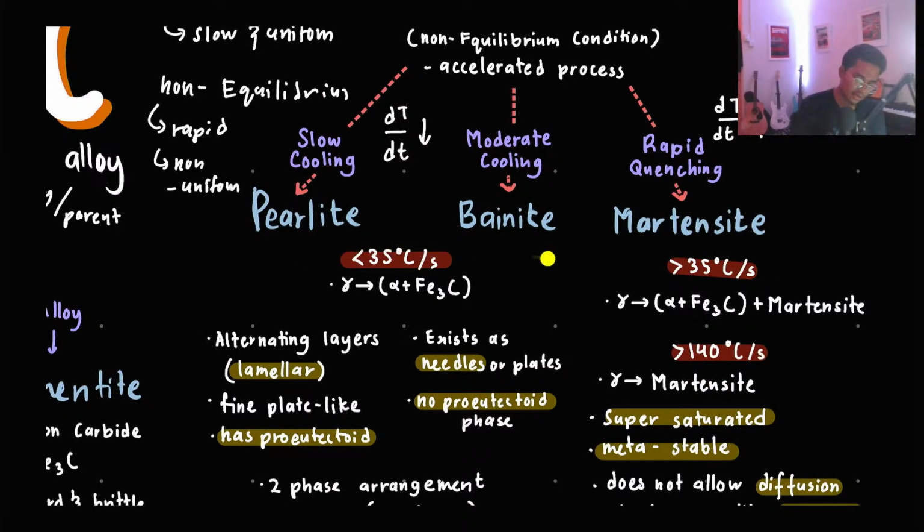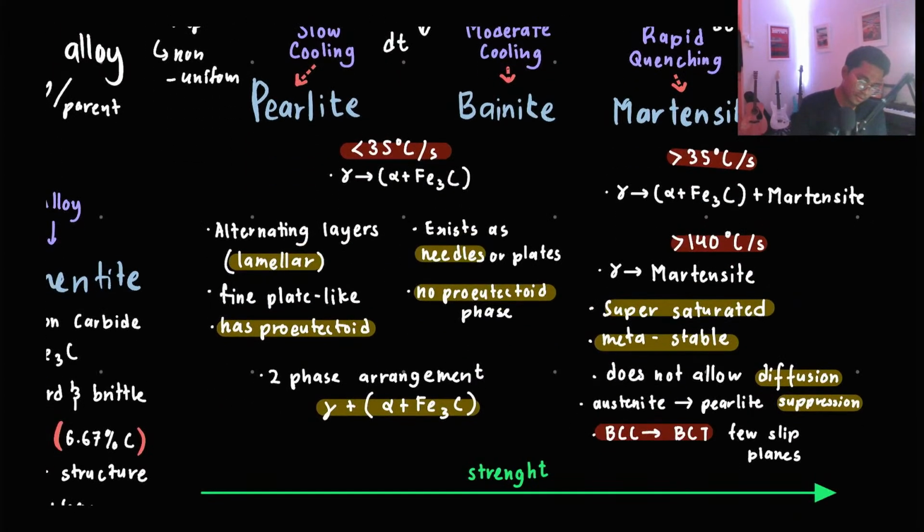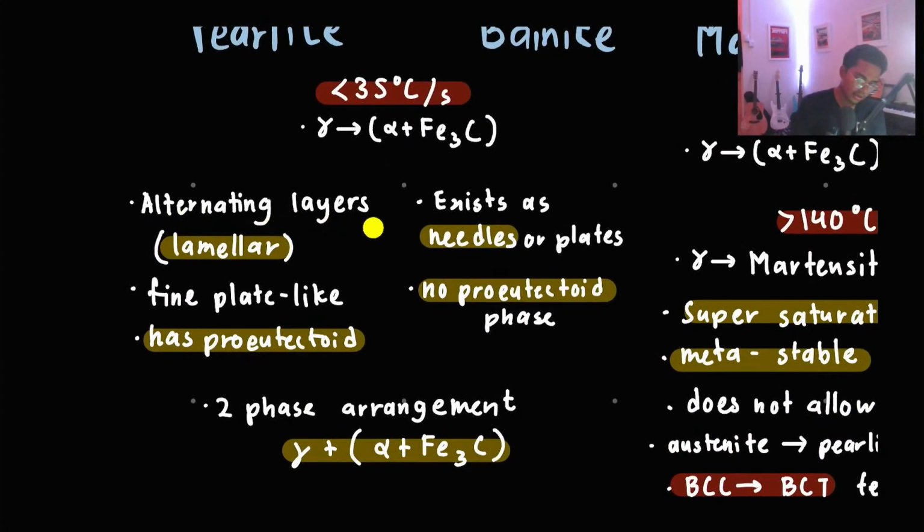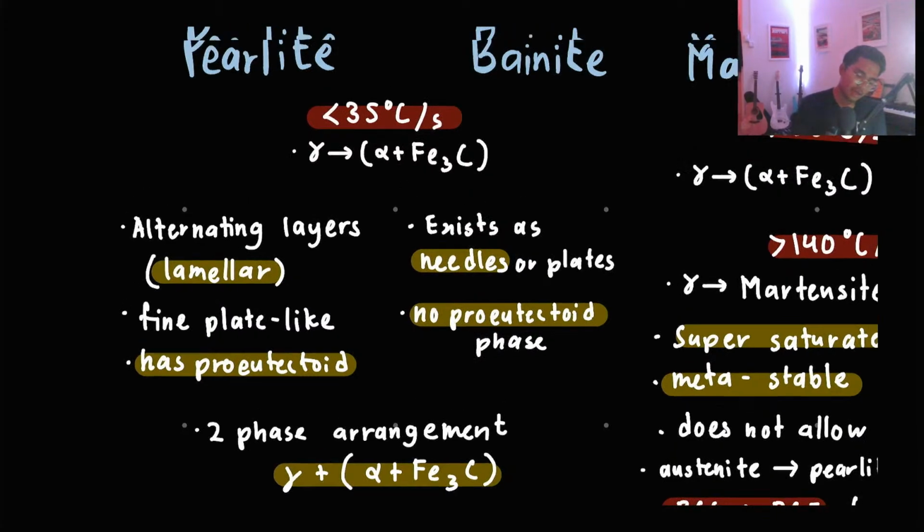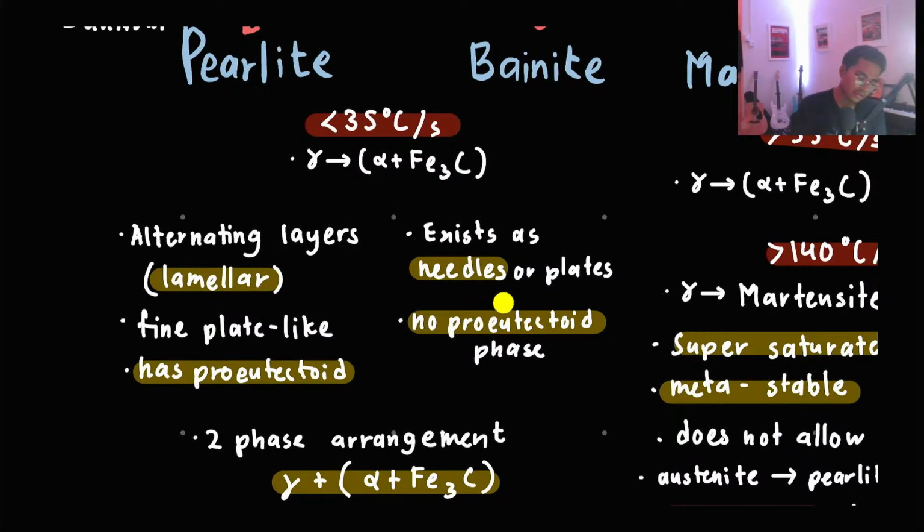So what is the difference between these three types of phases: perlite, bainite, and martensite. Perlite has alternating layers or lamellar layers. Bainite exists as needles or plates in the microstructure. So perlite has a fine plate-like shape.